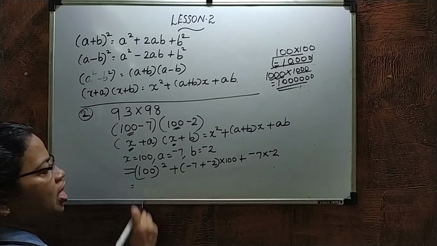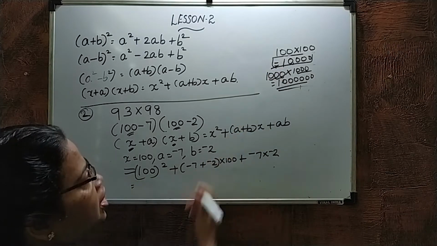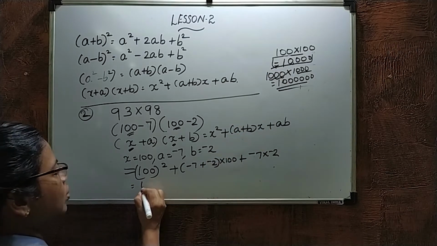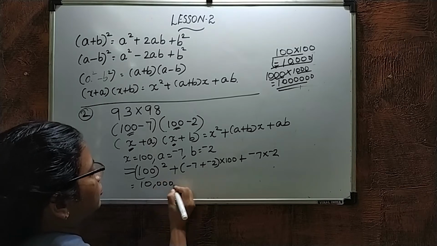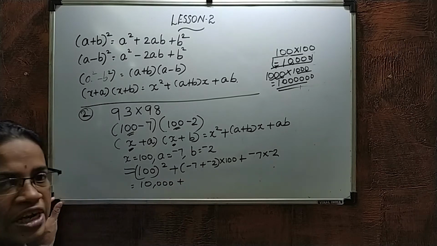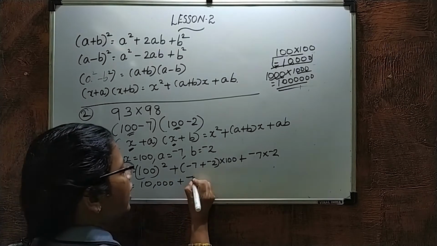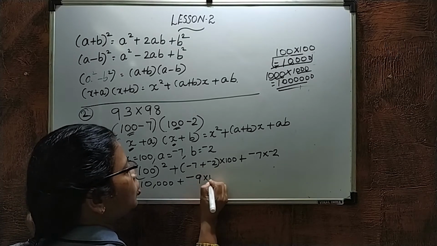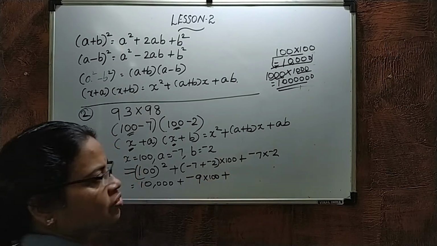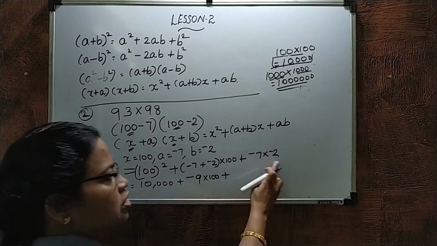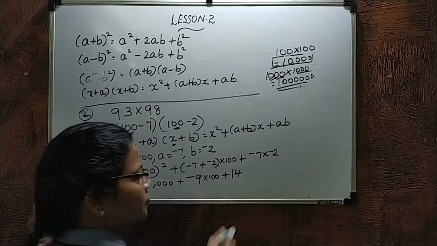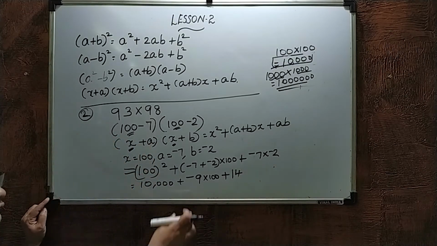Now we have to start with 100 square. Already we know that it is 100 into 100. It is 10,000 plus negative 7 plus negative 2. You will get the answer negative 9 into 100 plus what is negative into negative? Positive, 7 into 2 is 14. Now here one negative is coming.